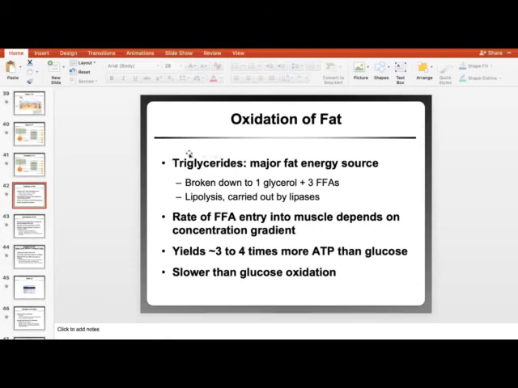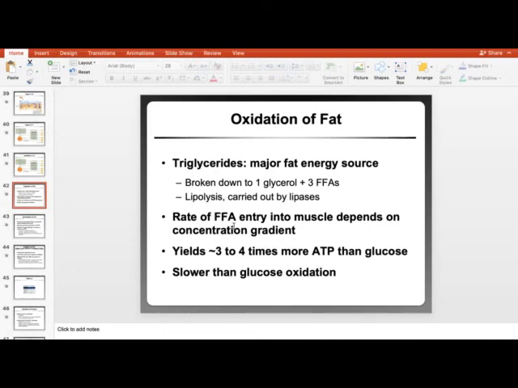Then in order for the fat to be used, the fat needs to be broken down into 1 glycerol, which is the glycerol backbone, and the free fatty acids. That needs to happen through lipolysis, but that takes time. It takes time because there are lipases, enzymes that need to interact with the glycerol and the free fatty acids in beta oxidation for the fat to be lysed, broken in half, so that I have my free fatty acids.